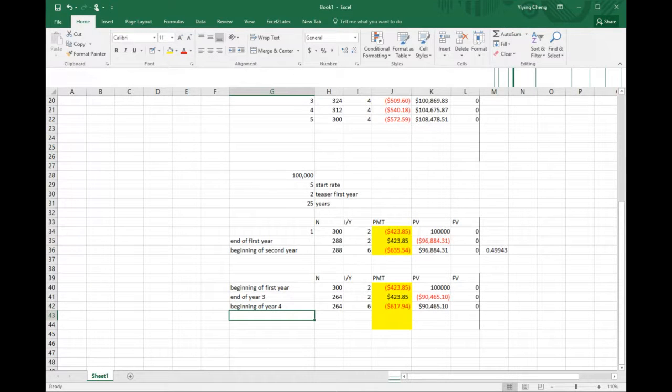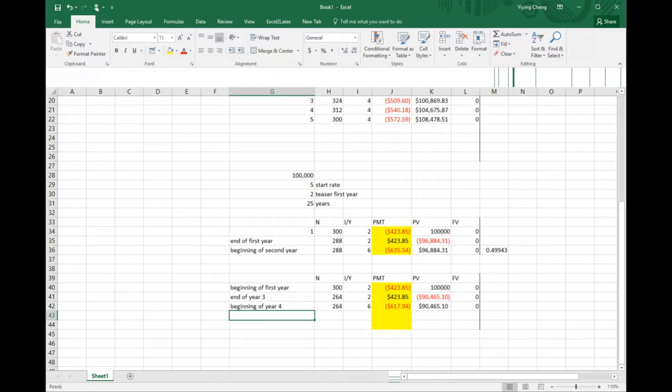Here I'm trying to show that this is at the end of the year and put it into a different sign, so it's just easier to differentiate. At the end of the year, given the payment equal to 423.85, we're going to calculate the present value or balance outstanding, which is 96,884.31.